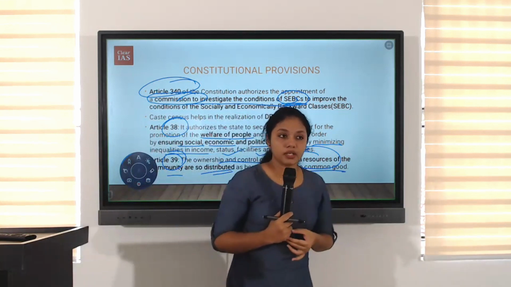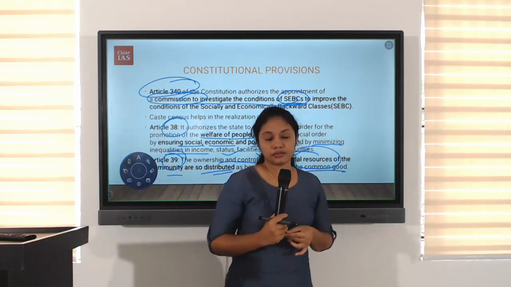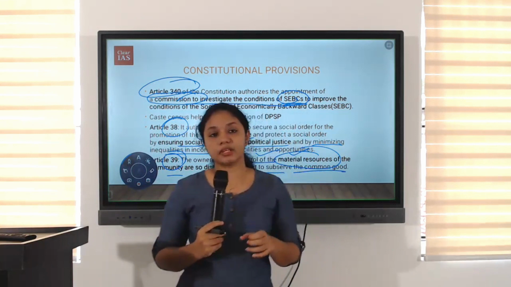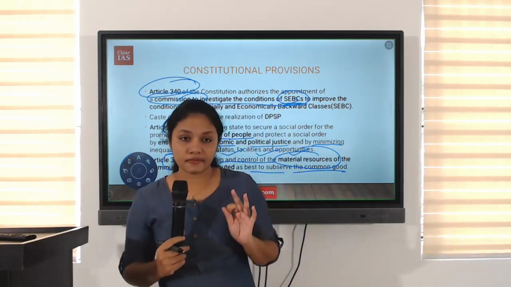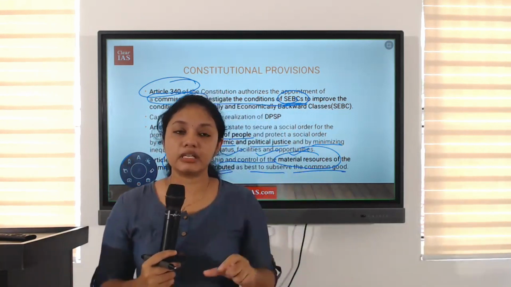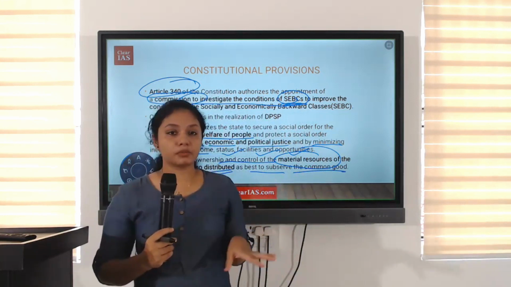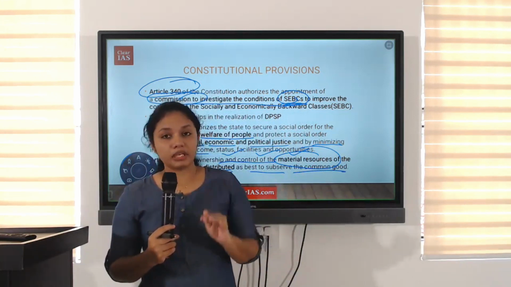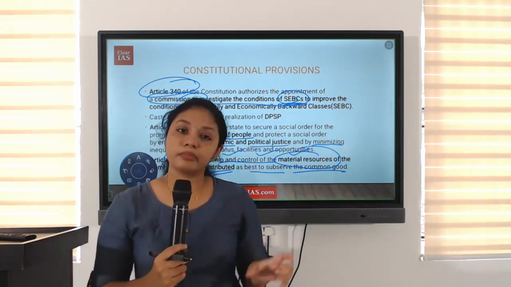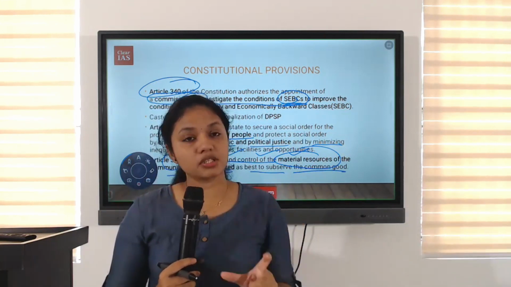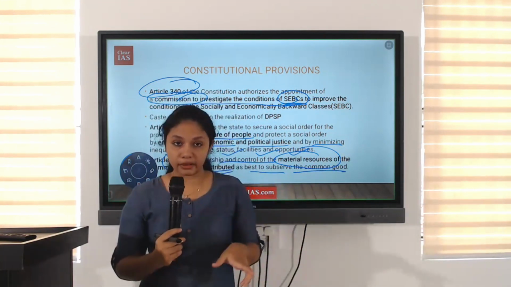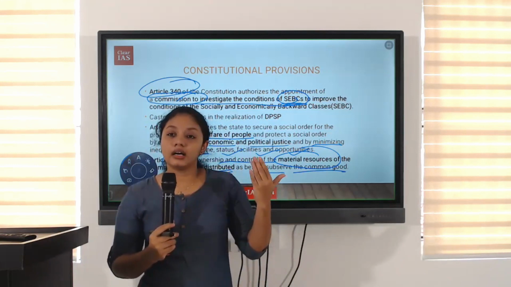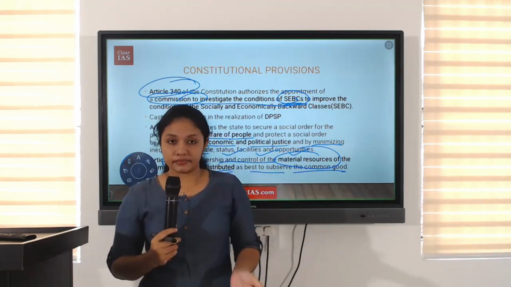Have you studied DPSP? No? Okay. DPSP is directive principles of state policy. These are not enforceable by court. Meaning these are principles given in the constitution which need to be kept in mind by the government when formulating policies.